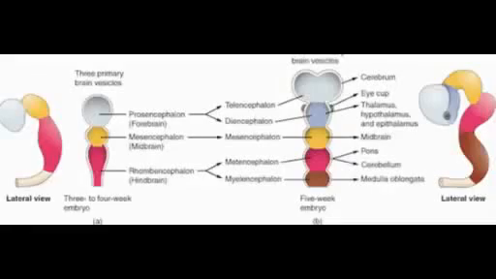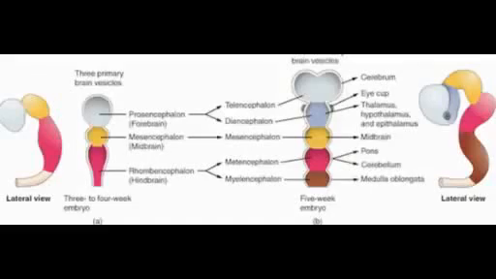Okay, then the next one you see is the 4 week embryo. Again, different parts of your brain are represented. And when you go to the last part of that picture, you see where the border is between the yellow and the blue color. So from the blue part originate the thalamus, hypothalamus, and epithalamus.